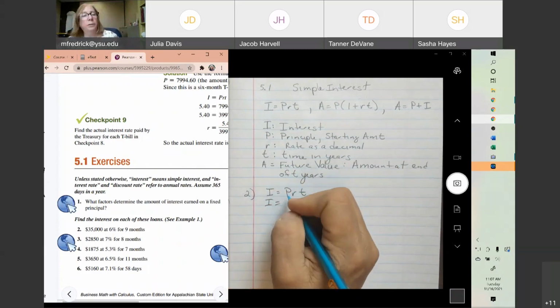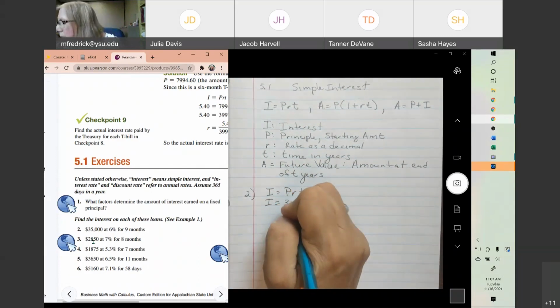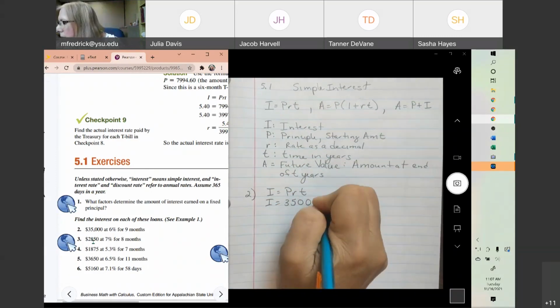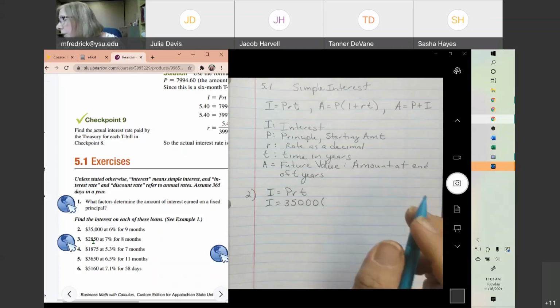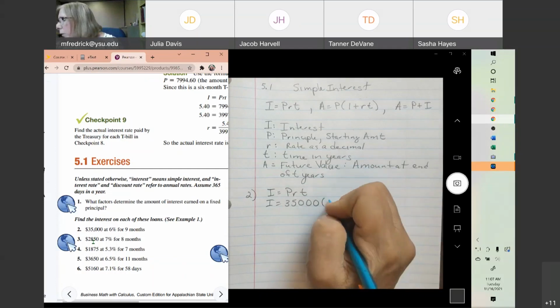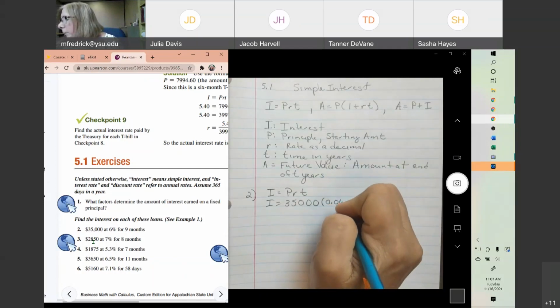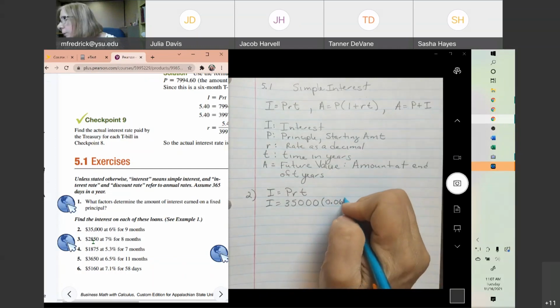The principal was the starting amount, and for number 2, it was $35,000 times the rate as a decimal. The rate is 6%. Remember, to make it a decimal, divide by 100 or move the decimal place over 2. So it would be 0.06.